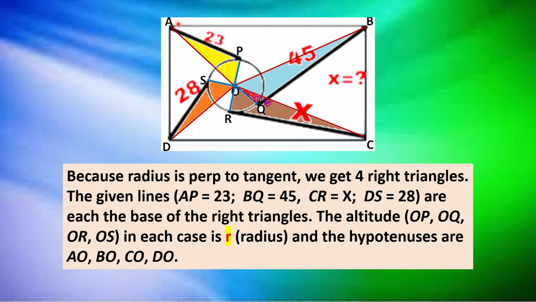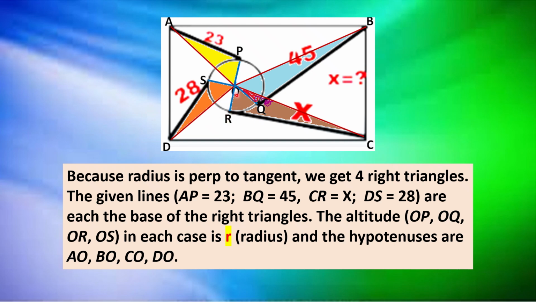So in the first triangle, AP is the base, OP is the altitude, and AO is the hypotenuse. Similarly, for the second triangle, the tangent BQ is the base, OQ is the altitude, and BO is the hypotenuse. For the third triangle, the tangent CR is the base, OR is the altitude, and OC is the hypotenuse.